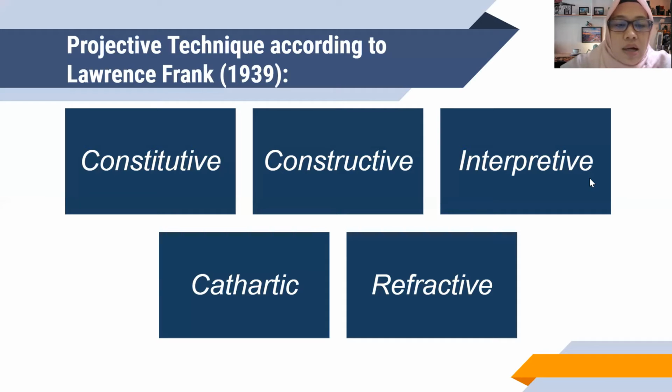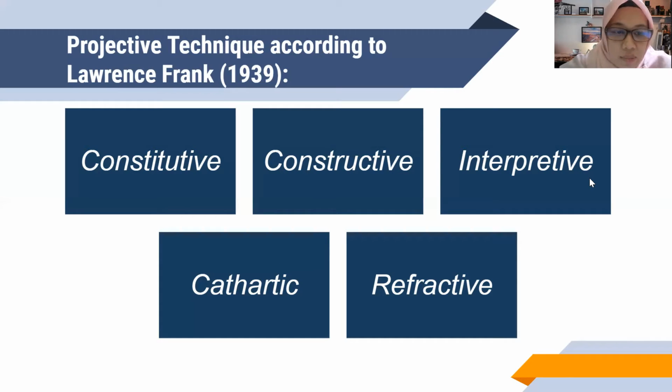unstructured material. The Rorschach is the most obvious candidate for this category. The constructive methods require arrangement of materials into certain patterns. This is why Frank calls it constructive, as in the mosaic test. That's the example. And the interpretive methods, such as the TAT, involve the subject in an interpretation of some experiences in which he finds personal meaning or affective significance.